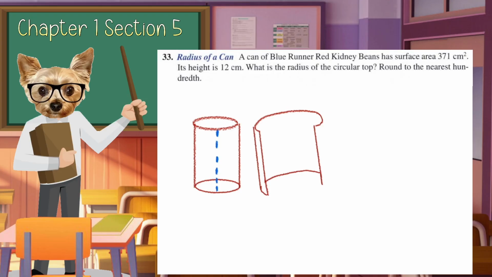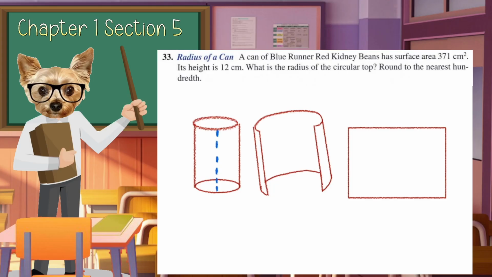Not my most artistic moment, but humor me. If I start to unravel, do you see like I'm opening this up? What you will be left with is a rectangle.